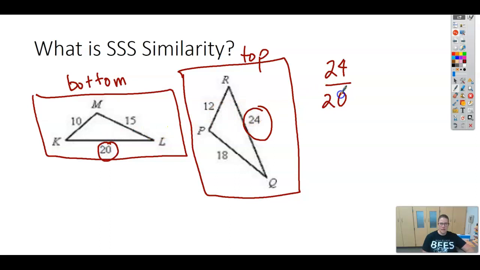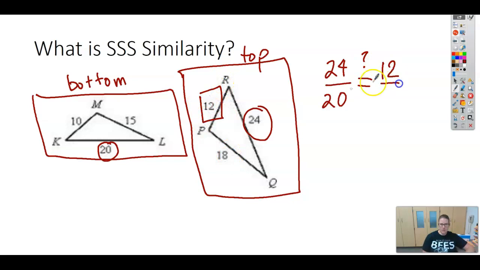So I am taking the longest side over the longest side, putting the one I chose to be on the top of the ratio on top, and the one I chose to be on the bottom on the bottom. Now I need to see, does this equal the other ratios of the other sides? So next I'm going to do the shortest side. The shortest side here, just looking at the numbers, is 12.